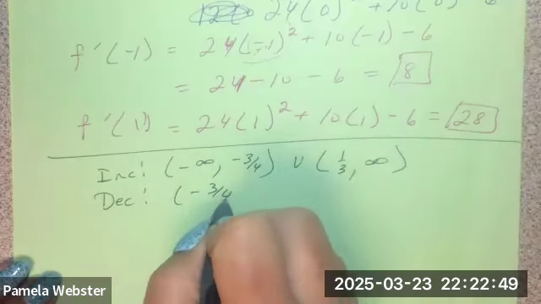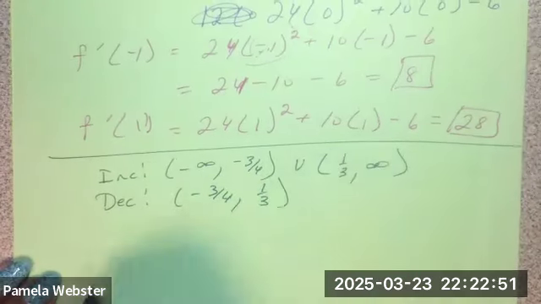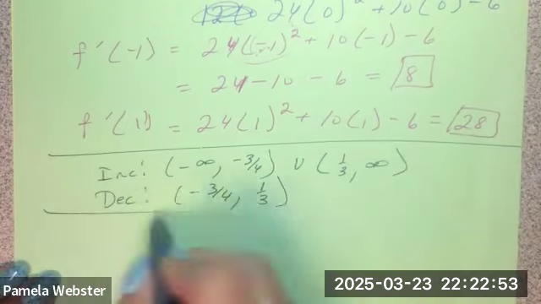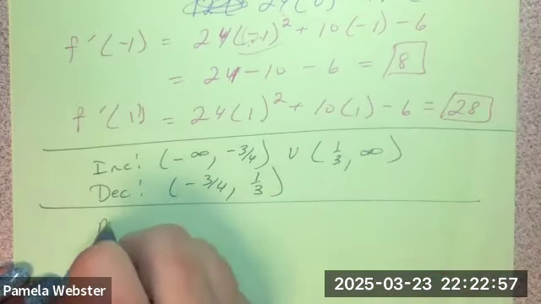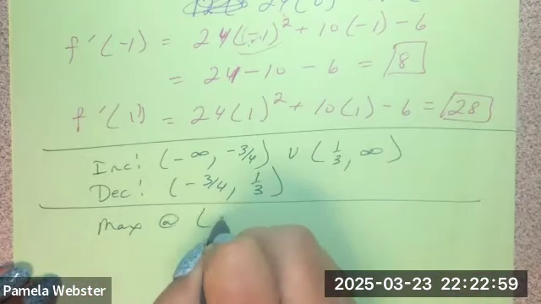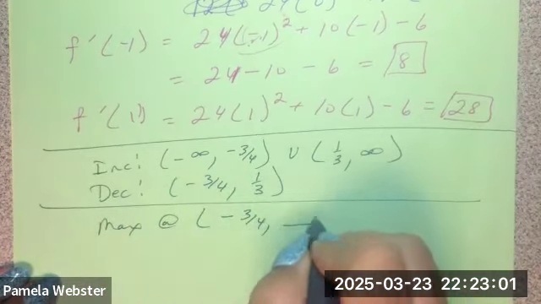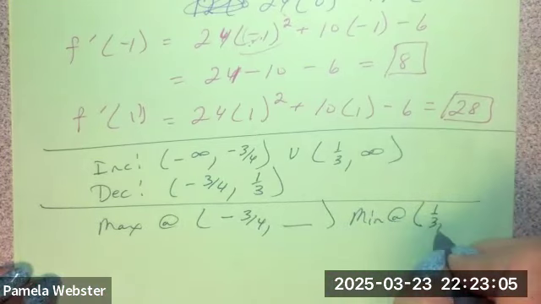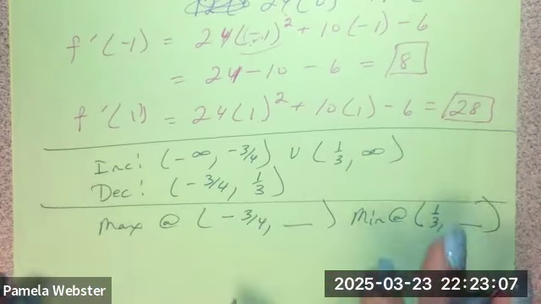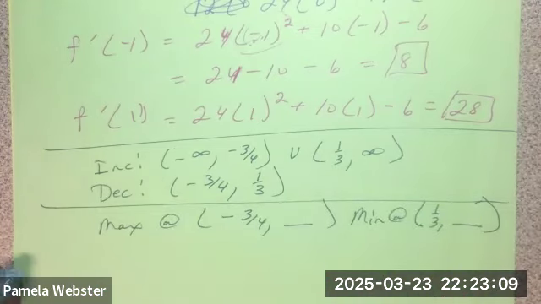From negative 3/4 up to positive 1/3. Absolutely. And then we've got maxes and mins. I have a max at negative 3/4 and whatever that value is. And I have a min at 1/3, whatever that y value is. Plug those into the original function in order to find those actual points.